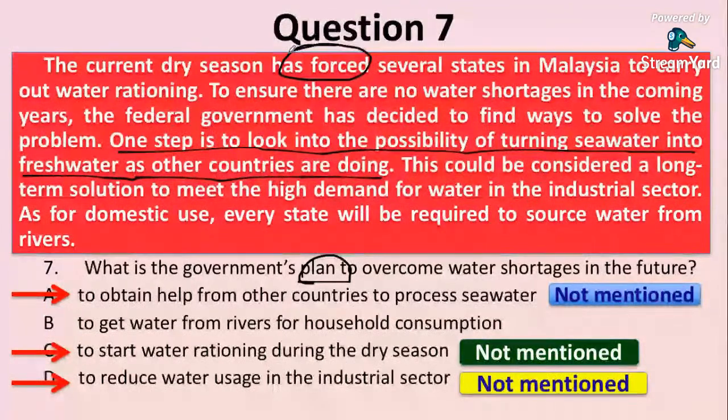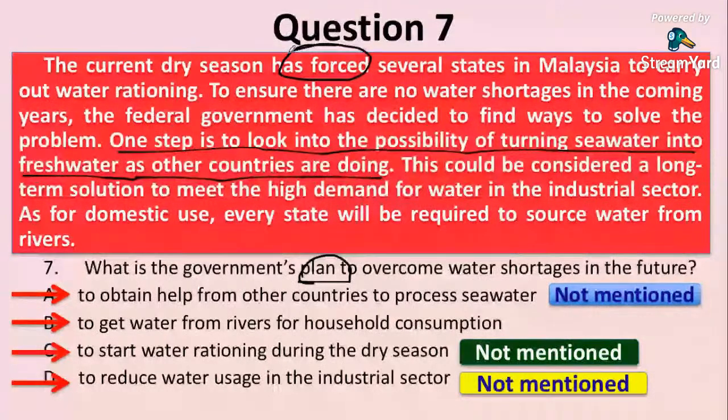So this is actually not one of the plans. One of the plans is actually turning seawater into fresh water. Yes, that is one of the plans. But it's not water rationing. I don't think we want to forever use water rationing in our life. That is not the solution. And therefore, that leaves only one option that is correct, which is B.